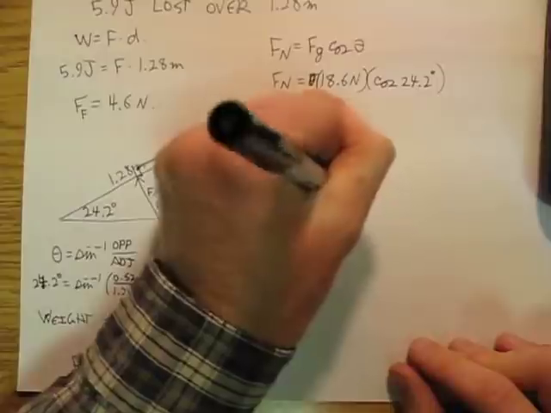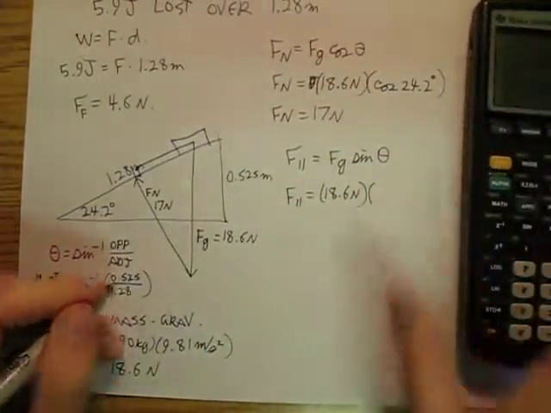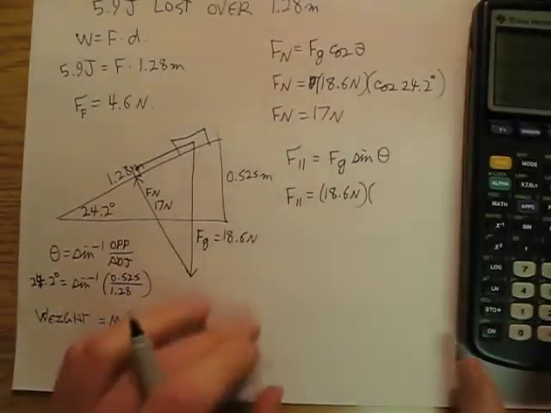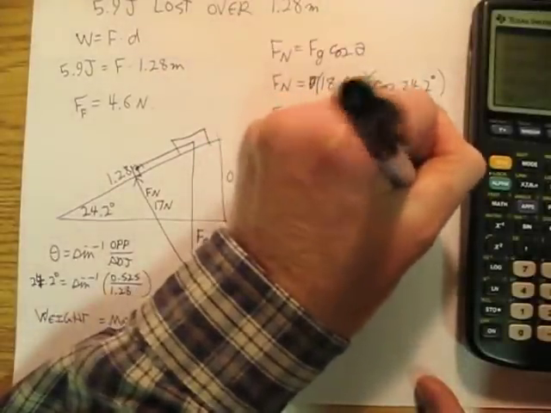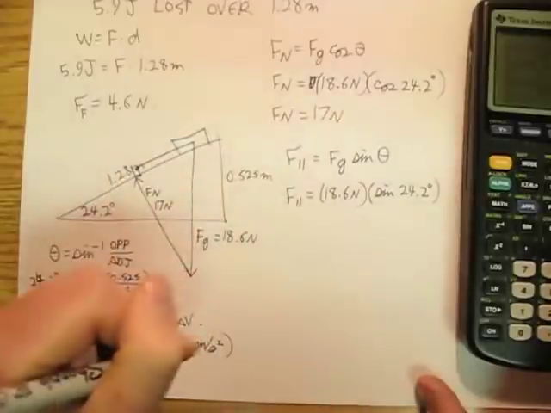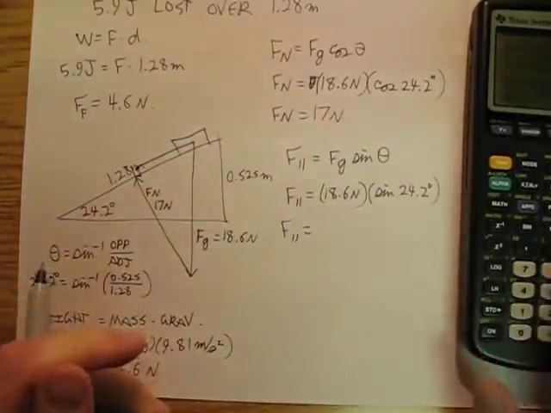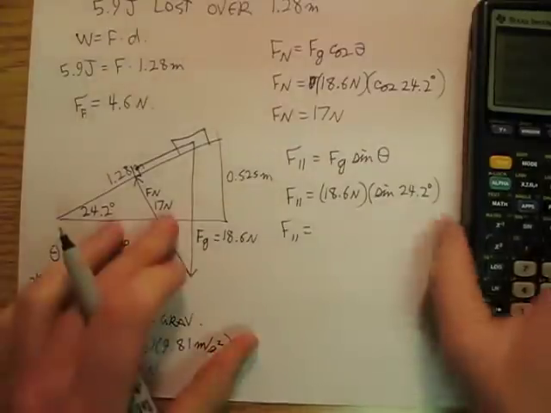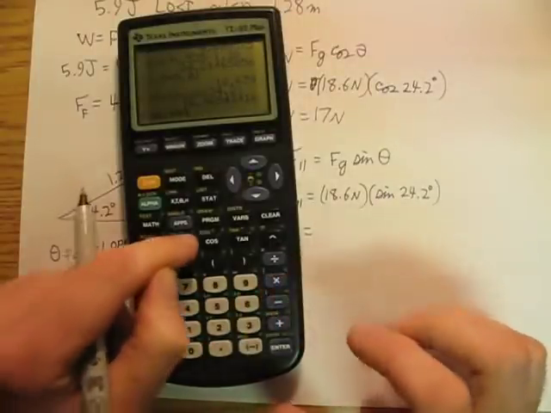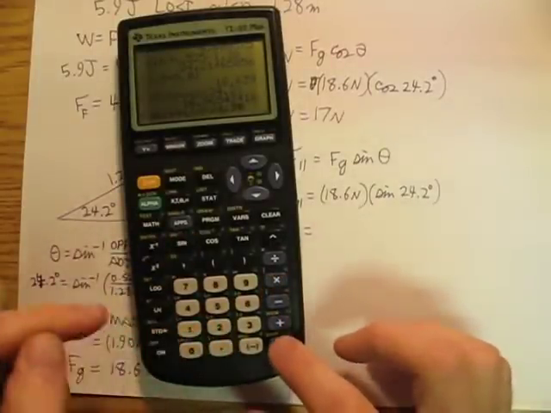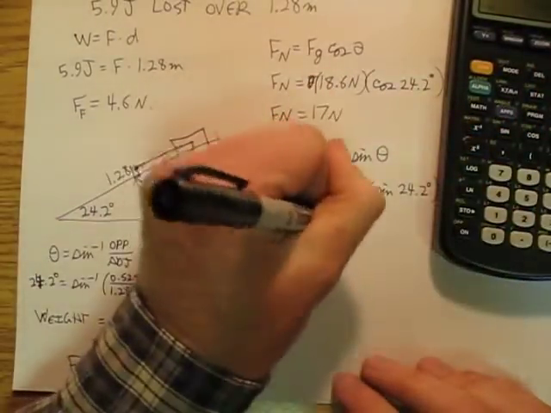And so I'm going to get 18.6 newtons times sine 24.2 degrees. Force parallel is going to be 18.6 times sine 24.2, 7.6 newtons.